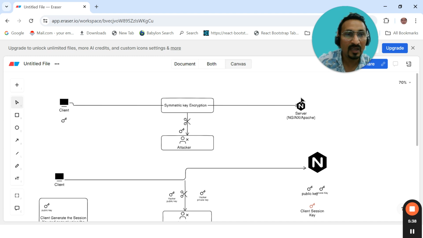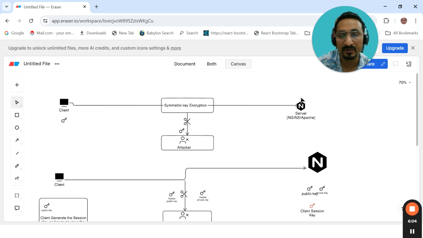Okay, so any unintended participant, or in a different way we say man in the middle, can try to sniff or read your data. So the unintended participant over here will be able to view your data, right? To solve that problem, we can think of encryption.